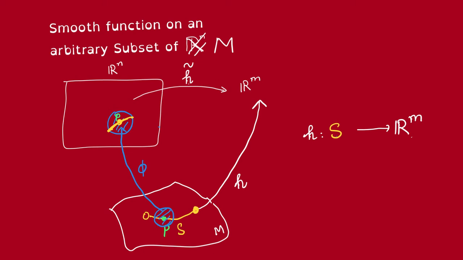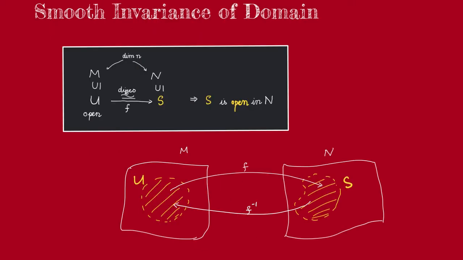Alright, so now that we have the notion of smooth function on an arbitrary subset, let's come back to our theorem, smooth invariance of domain. Here we have two manifolds, M and N, of the same dimension, and a diffeomorphism F from an open subset U of M to some subset S of N. Note that we define F to be a diffeomorphism if it has a set-theoretical inverse which is smooth.